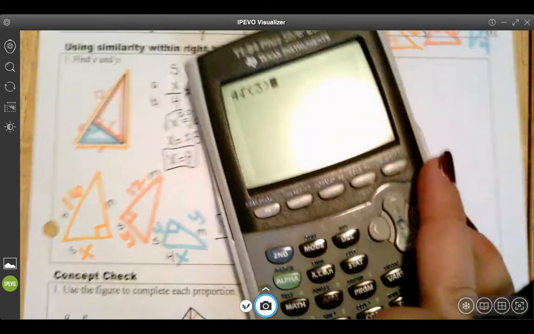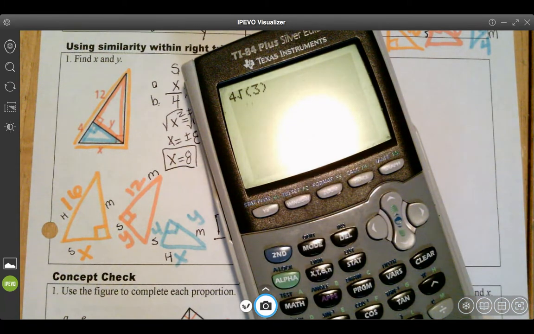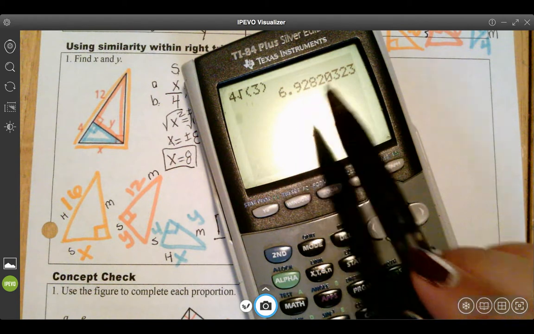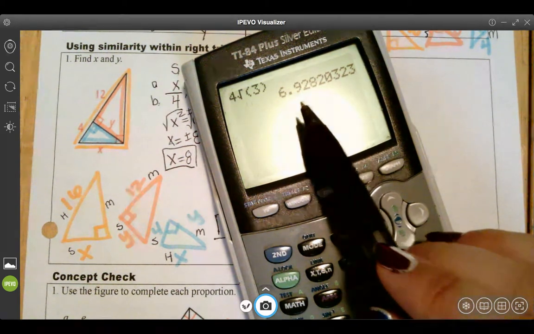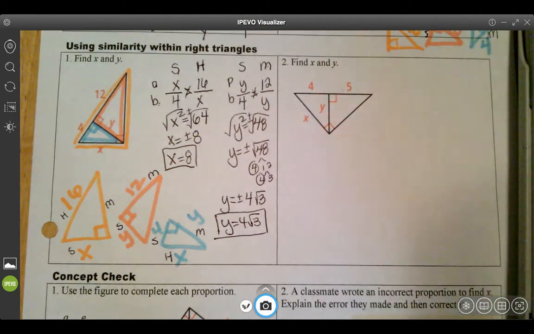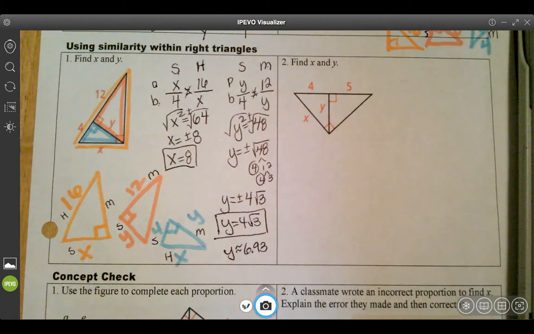So when you type it, it should look like 4 times the square root of 3. If you hit enter, it will give you the decimal estimation. This is only if it asks for decimal form. Then I would say 6.93. Y is approximately 6.93. If it does not say to give a decimal estimation, always leave your answer exact and simplified.